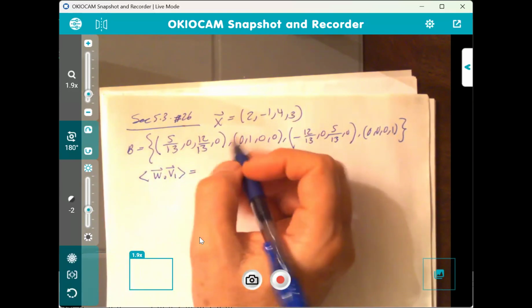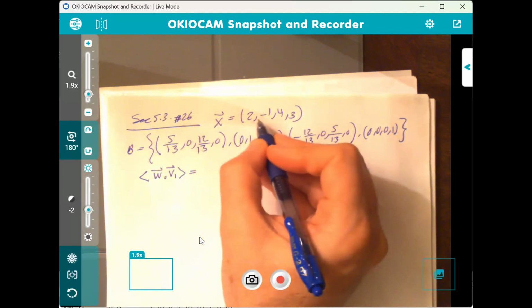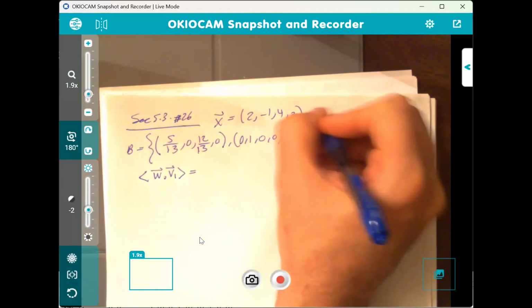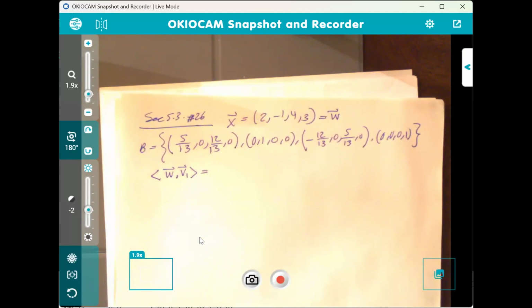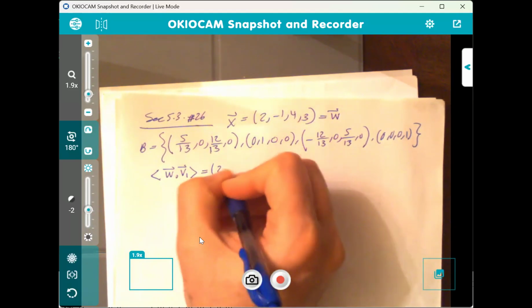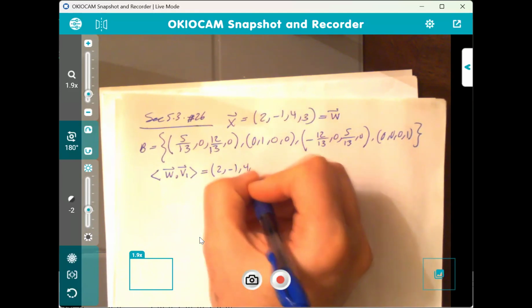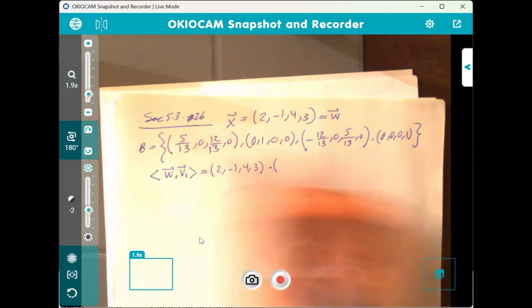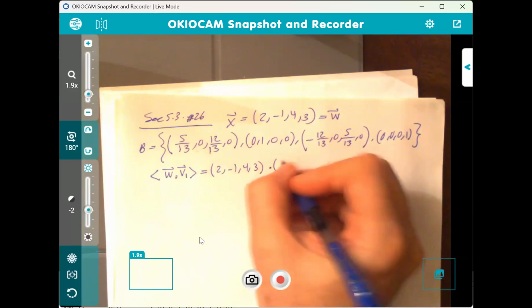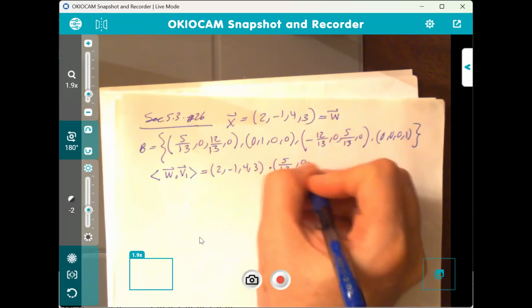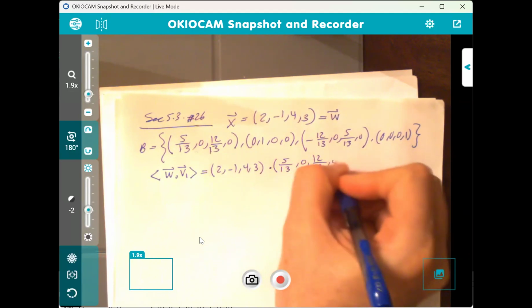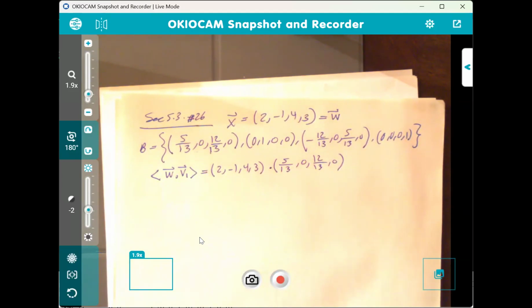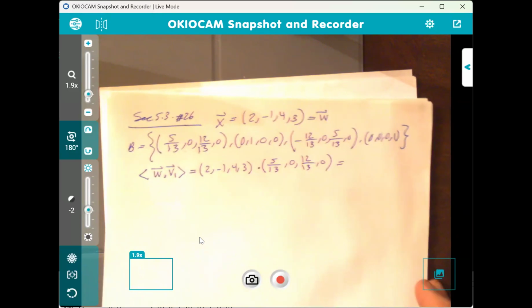W is the vector X here, your vector X in that theorem. So it's going to be W·V1, and that means I have to do the dot product of 2, negative 1, 4, 3, dotted with the first basis vector in set B, which is 5/13, 0, 12/13, 0. And the dot product is the standard Euclidean dot product.